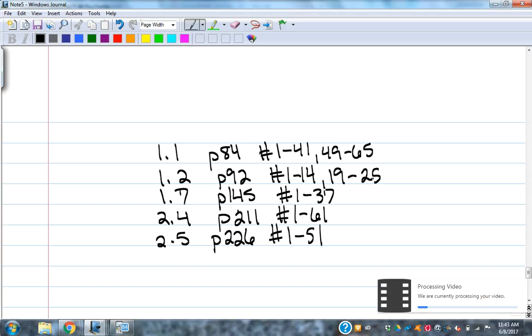These are good practice problems there for those particular sections. Again, I'm not expecting you to do all of those, but it does give you a kind of a guiding light to what you need to prep yourself for.